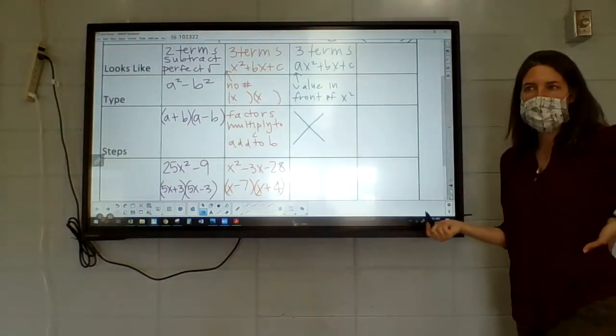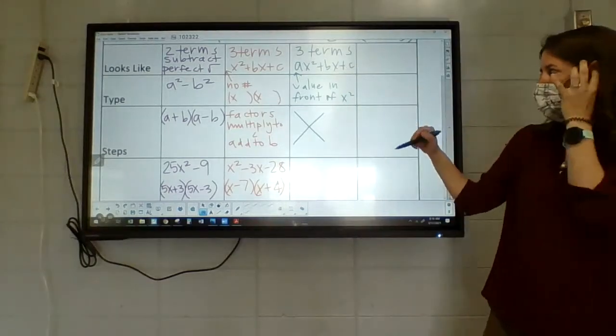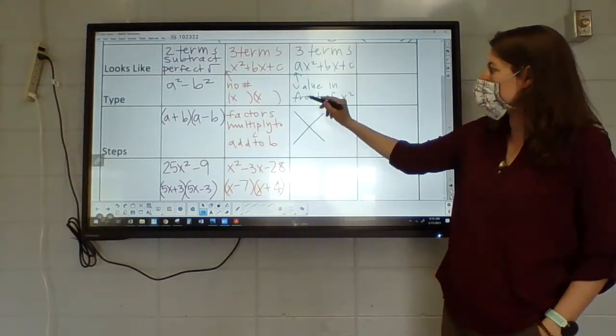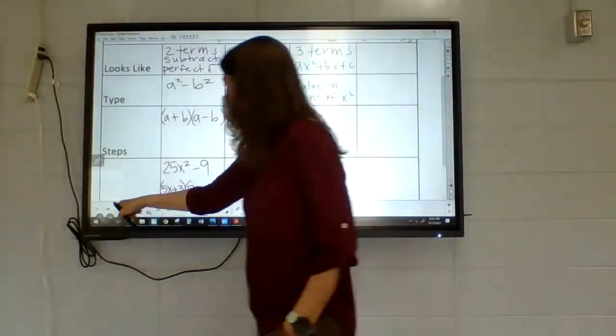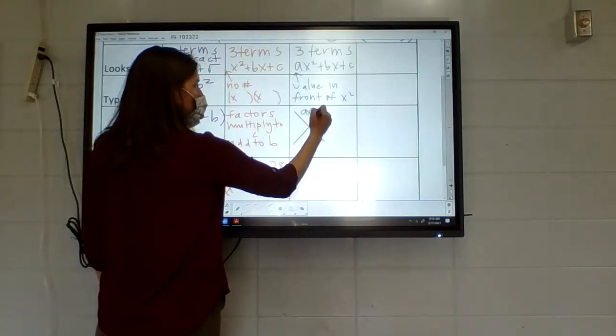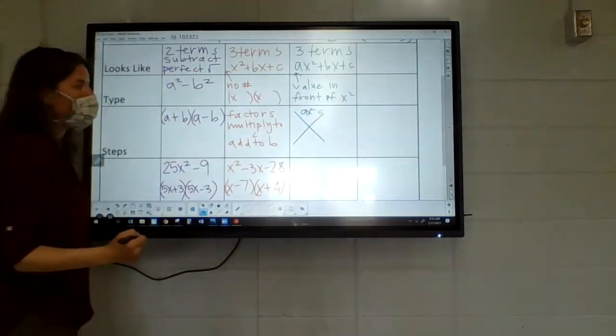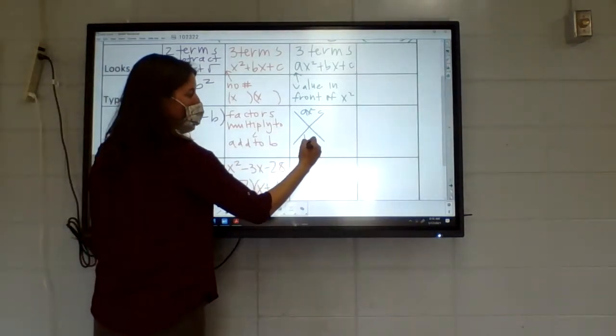So if you guys recall, we made that x thing. Now don't forget, again, always check for that GCF. On the top, I multiply the first and last terms. So that says ax squared times c up there. On the bottom, I put the bx.